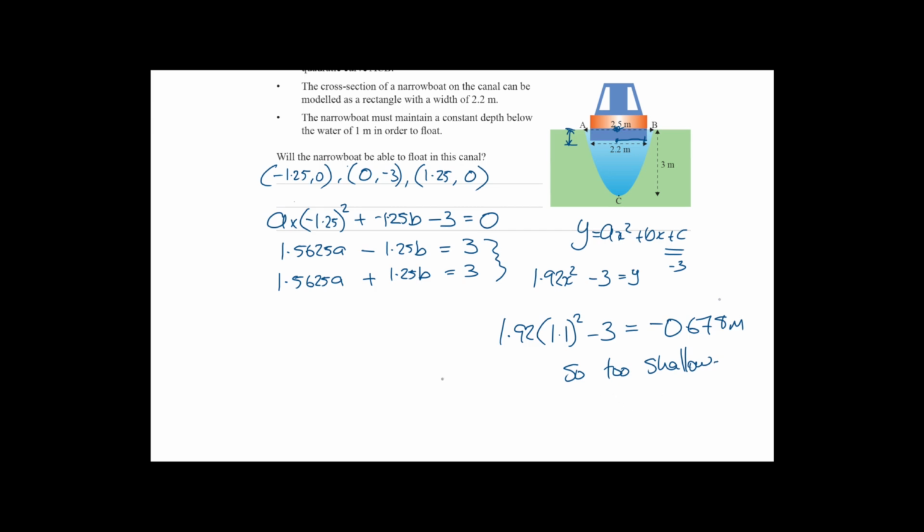We need it to be greater than negative 1, but it's only 68 centimeters, so it's going to be hitting the edge of the canal thingy.